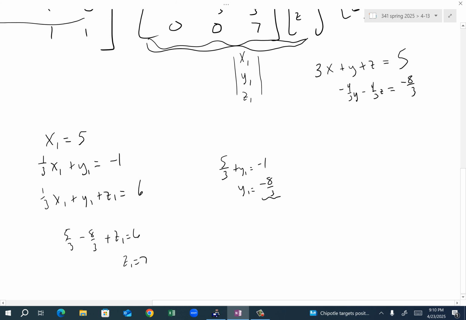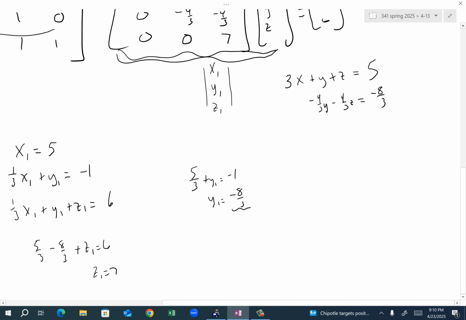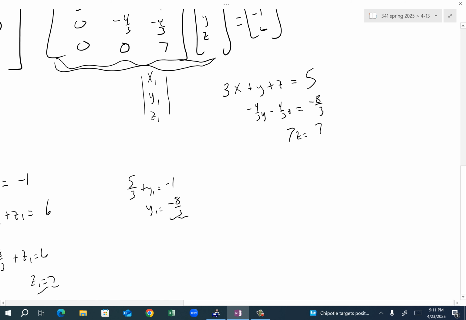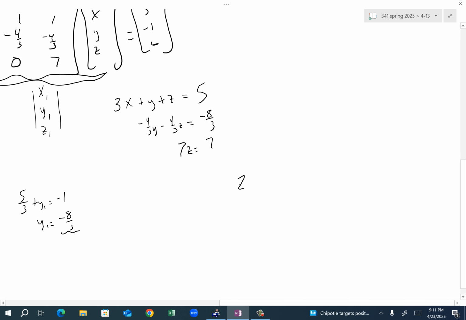And we are saying that 7z is equal to z1, which of course is 7. So what does that tell me? Well, it tells me that z is equal to 1. Okay?